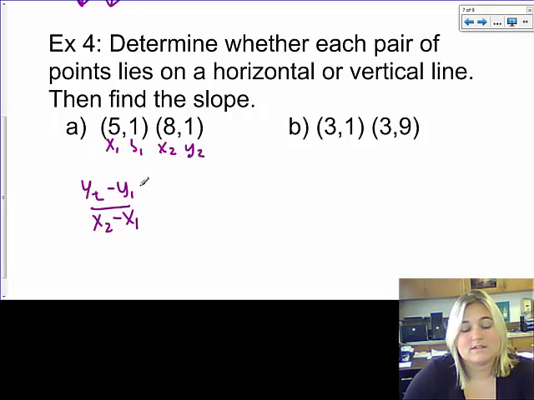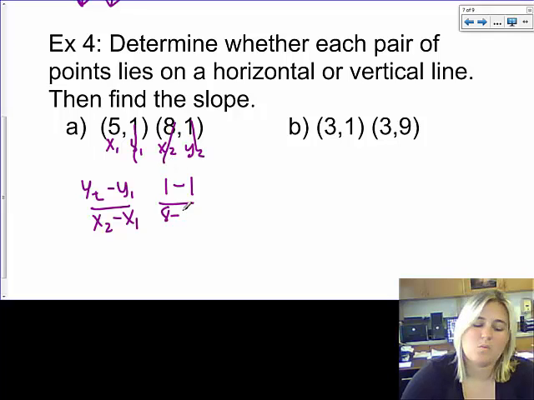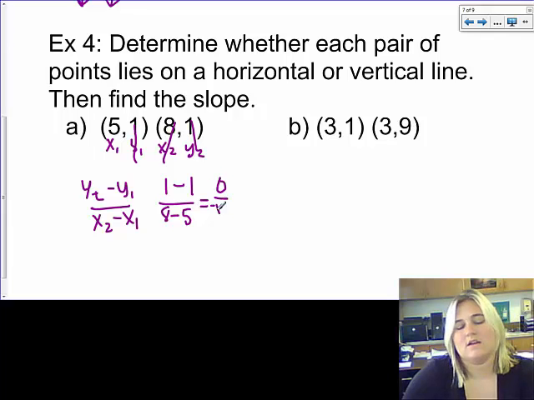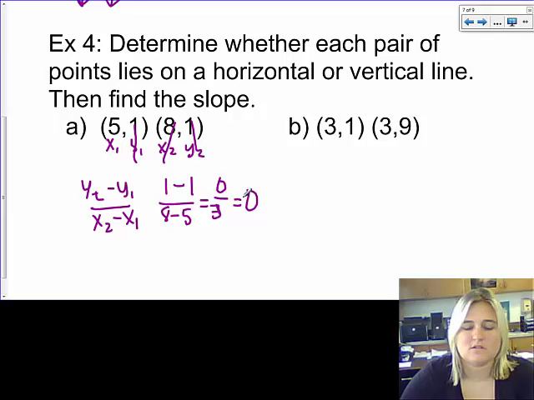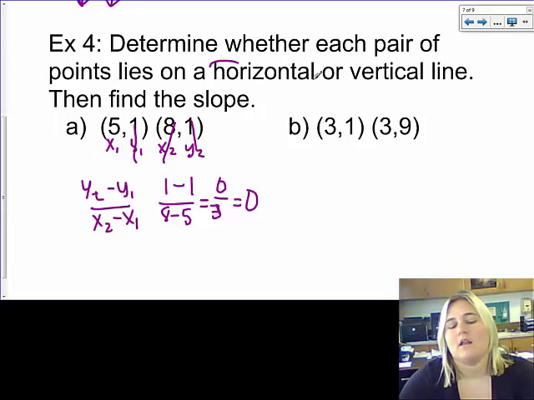Okay, so y sub 2 is 1 minus y sub 1, which is 1, over x sub 2, which is 8, minus x sub 1, which is 5. So I have 1 minus 1, which is 0, over 3, and 0 over 3 is just 0.